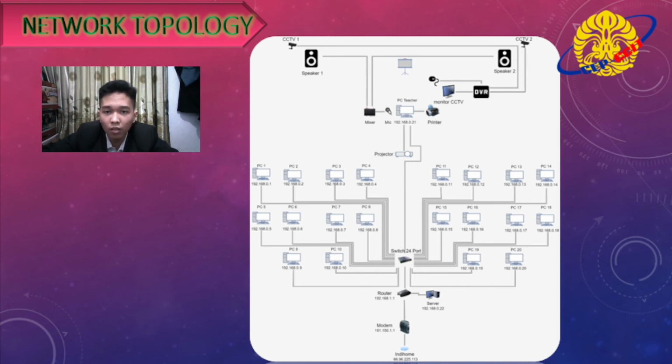And then 21 PCs, consisting of 20 student PCs and 1 teacher PC, are interconnected with an RJ45 cable to the switch to connect to the internet. Then in the lab, there is also a router connected to the switch and one server to control student PCs. And finally, the router is also connected to an IndiHome modem so that the computer lab gets an internet signal.